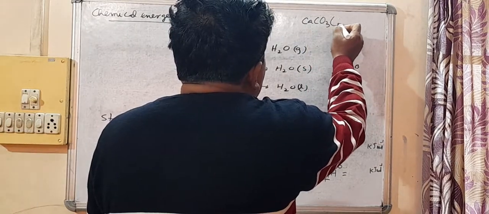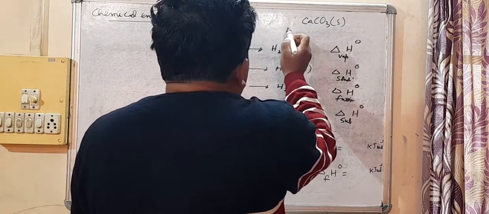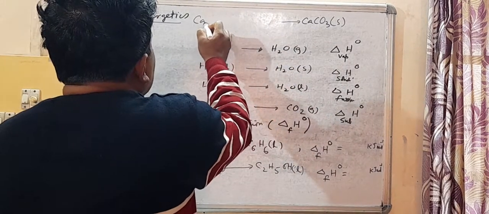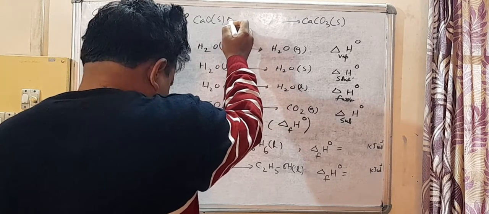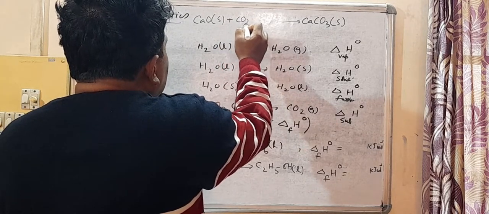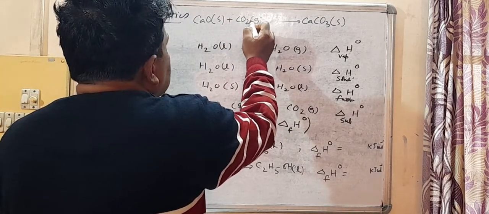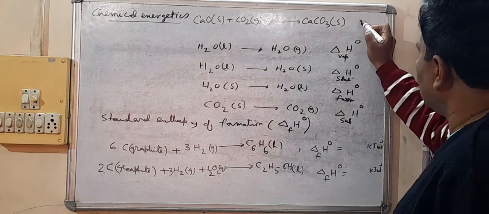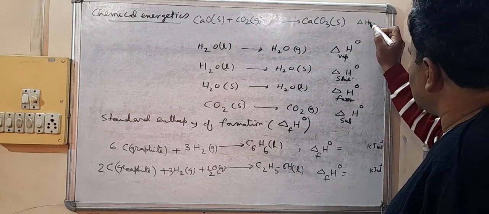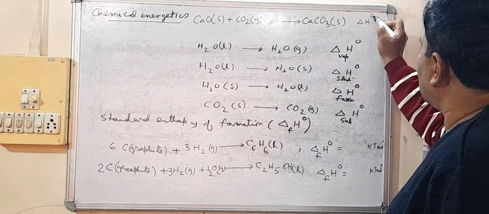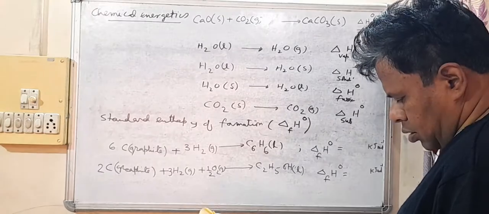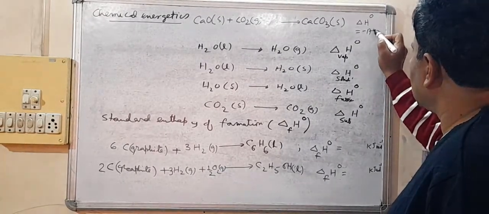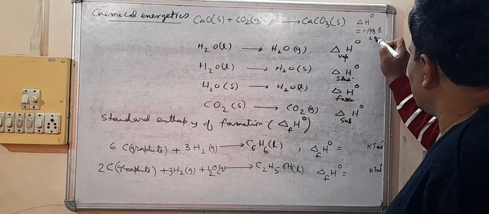Calcium carbonate solid gives CaO solid plus CO2 gas, and the enthalpy change value is given, experimentally determined, minus 178.8 kilojoules per mole.